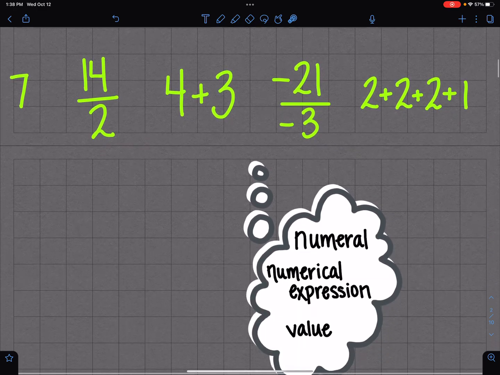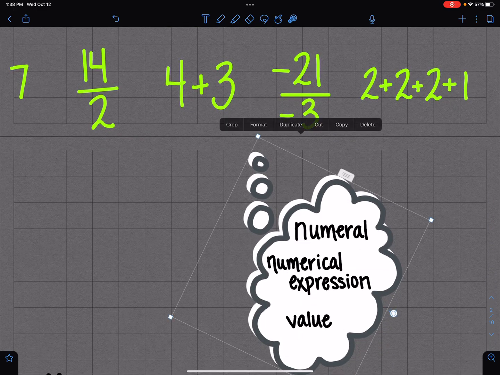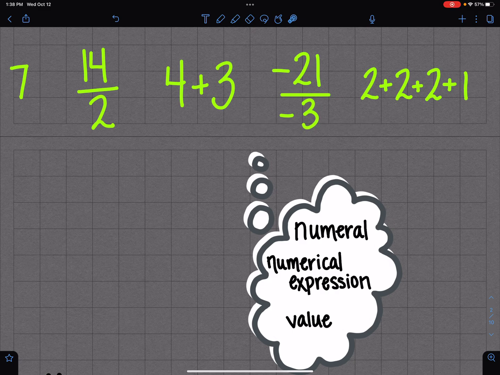All right, here the lesson is going to remind us that a number is just an idea, and these are all numerals or numerical expressions or some sort of combination of numbers that have a value of 7. When you look at all of these, the value is 7.